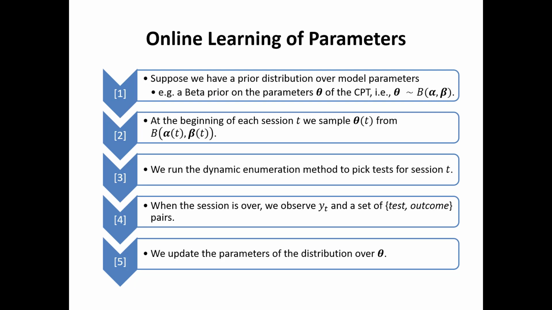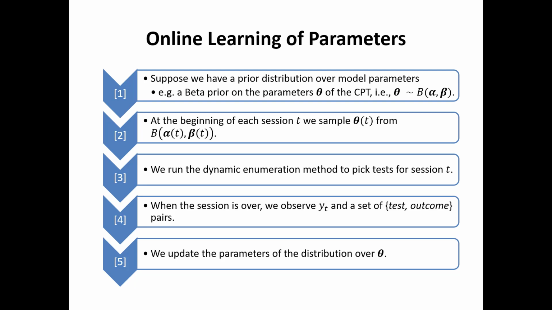When the session is over, we observe YT, the decision region, and a set of test outcomes. Then we can use this information to update our estimates about the parameters of the beta distribution.